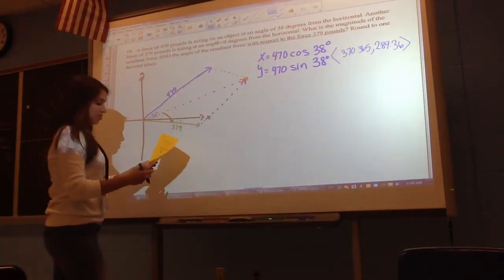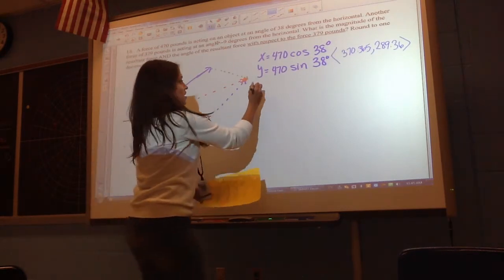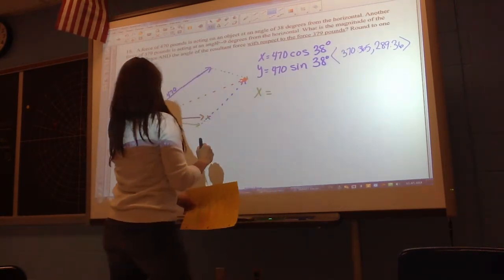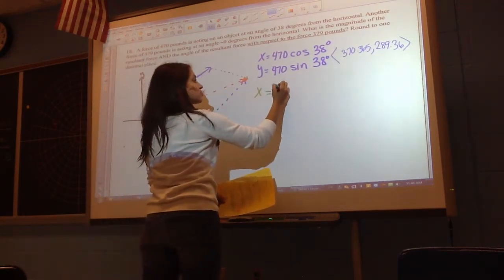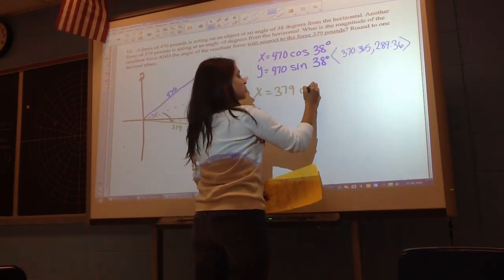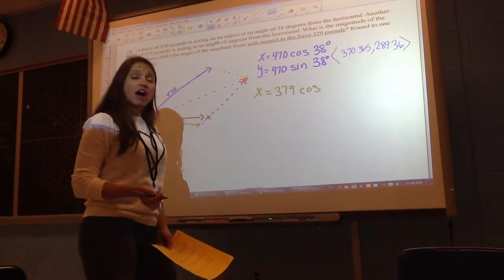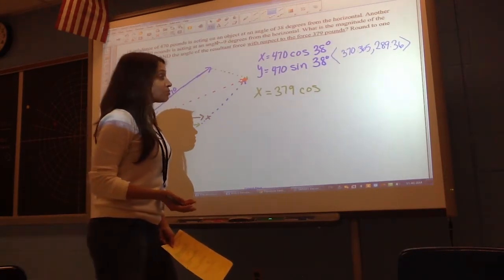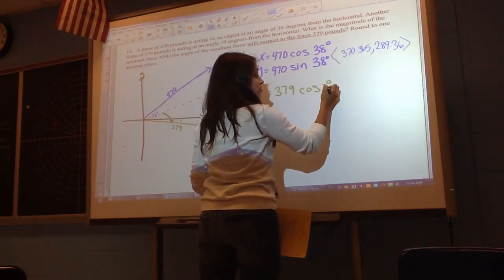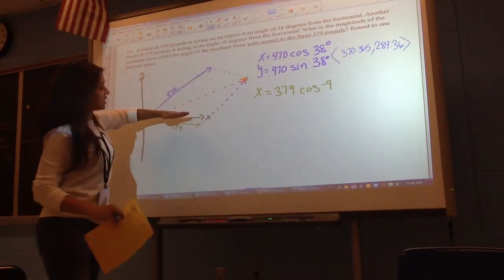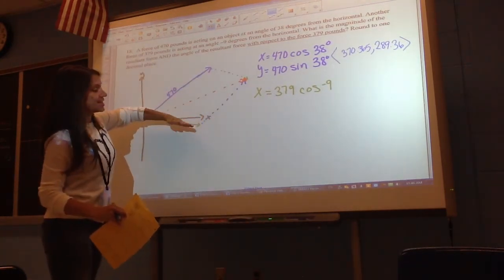Now let's do the same thing but with our other vector. X is going to be equal to the magnitude of 379 times the cosine of my direction angle. You have options here. You could put positive 351. I'm just going to put -9. -9 degrees from standard position is just down 9 degrees.